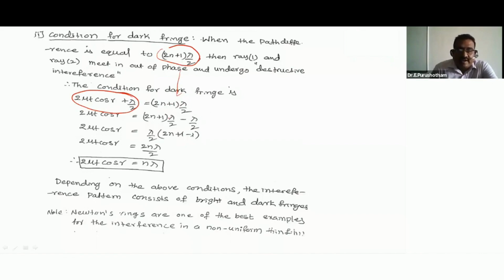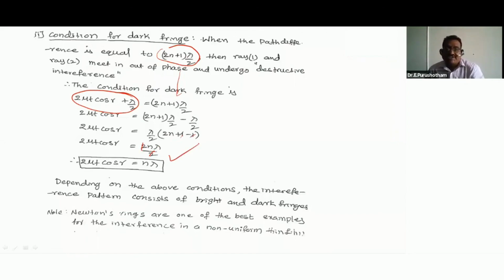That is 2n plus 1 lambda by 2 minus lambda by 2. Taking common lambda by 2, the plus 1 and minus 1 get cancelled. We get 2n lambda by 2, the 2 gets cancelled. 2 mu t cos r is equal to n lambda. This is the condition for dark fringe.